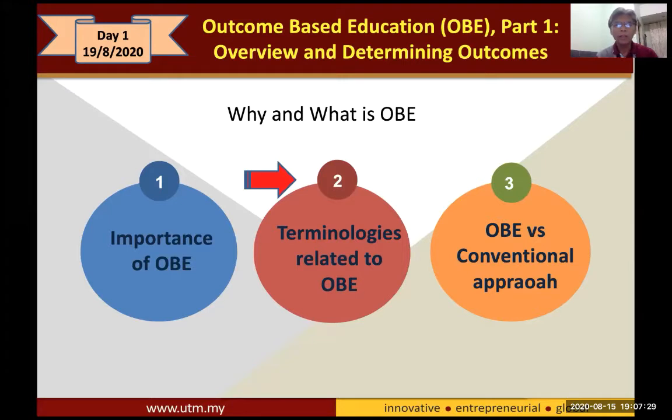After going through the importance of OBE, why OBE, now let us move on to the second subsection. This subsection is on the terminologies related to OBE. It is very important for us to have a common understanding of this terminology.